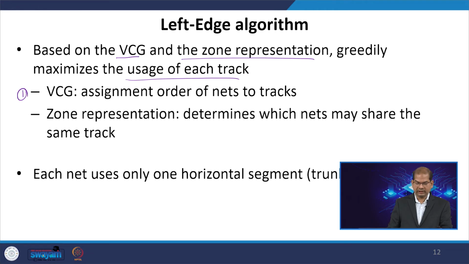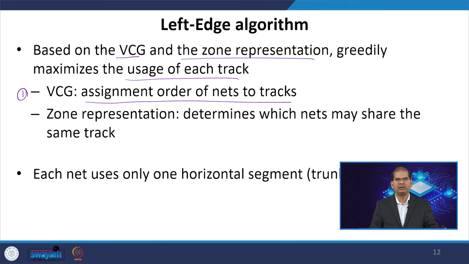This vertical constraint graph is useful for assigning the order in which the nets will be assigned to the tracks. We have multiple nets, and which net has more priority will be determined from the vertical constraint graph. The second one is the zone representation, which determines which nets may share the same track.